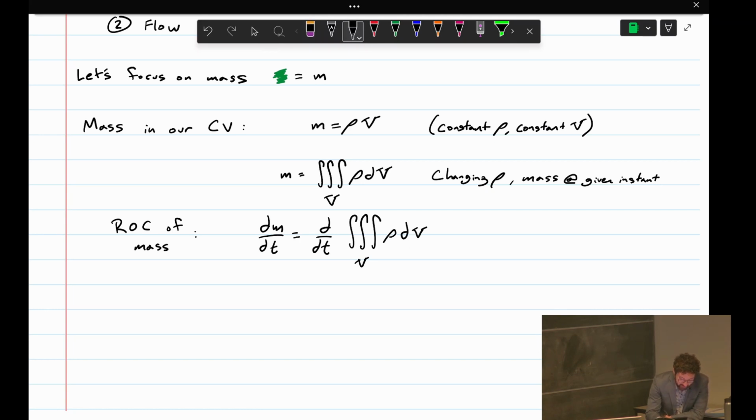So now if our imaginary control volume is changing in space, and we know how the density varies in space, we can calculate how the mass changes in time. Remember, as we just discussed, this integral is 0 for steady state. Again, the green part there is not always the case.